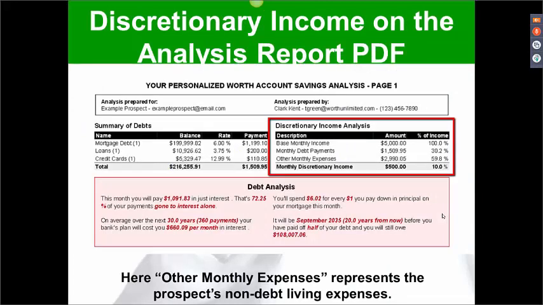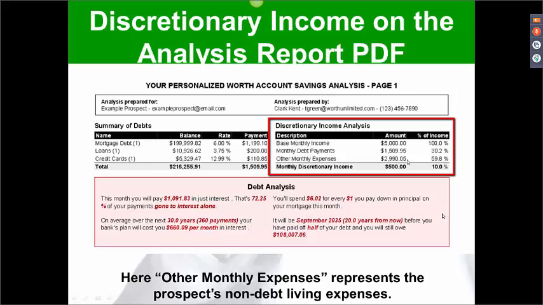It shows base monthly income. It shows their monthly debt payments. That would be all of their fixed debt, their loans and things of that nature. And then their other monthly expenses, which would be their living expenses, their variable expenses. That would be their gas or groceries and everything like this. To come up with a number, this client put in $500 as discretionary income, and it auto-fills the 29905 when you're in the analysis.